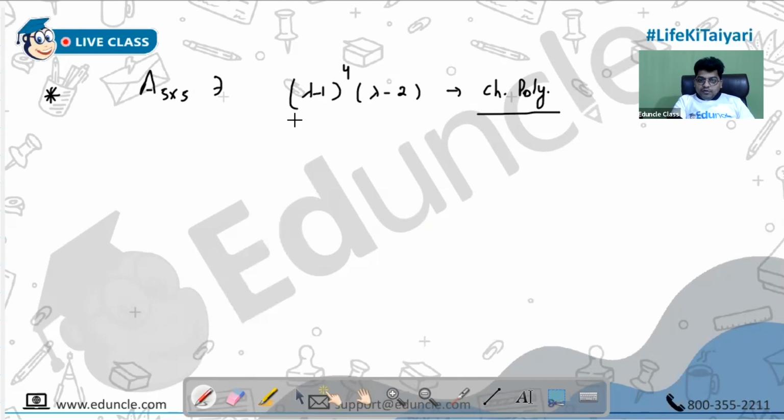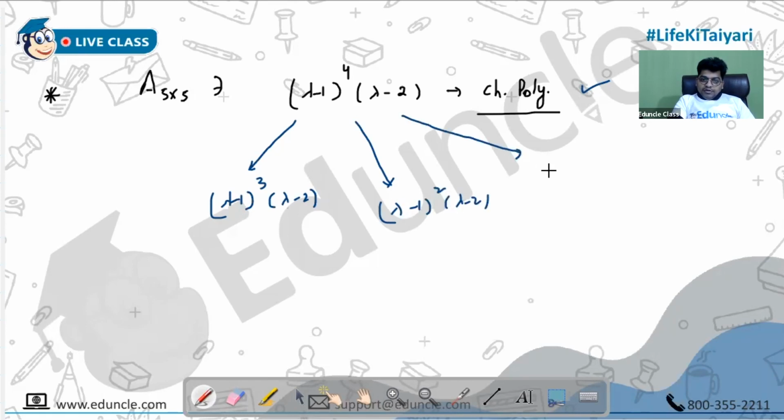Just tell me what are the possibilities of the minimal polynomial. See, possibility 1 is this. Possibility is (lambda minus 1) to the power 3 (lambda minus 2). Second possibility is (lambda minus 1) whole square (lambda minus 2). And third possibility is (lambda minus 1) and (lambda minus 2). Yes or no? These are the possibilities.